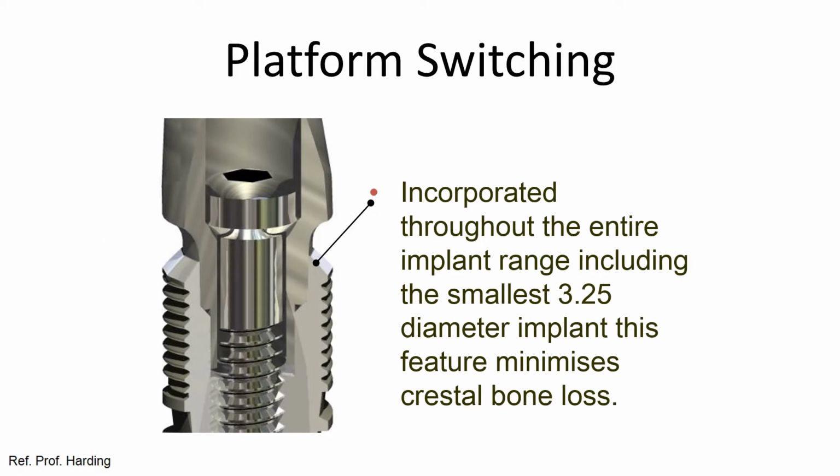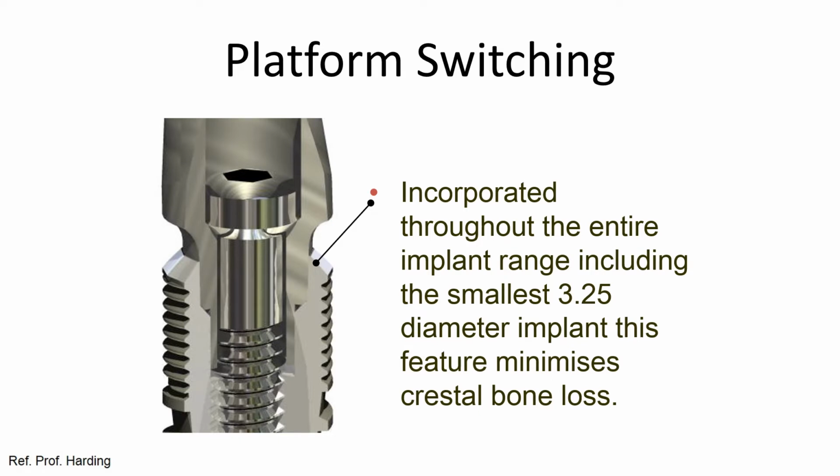So platform switching, well, in the implant that we'll be using during your clinical training, we'll use an implant which is platform switched, and that means that the diameter of the abutment and the diameter of the implant are not matched. Now, in the past, it was always considered that the abutment diameter would be slightly narrower than the diameter of the implant.